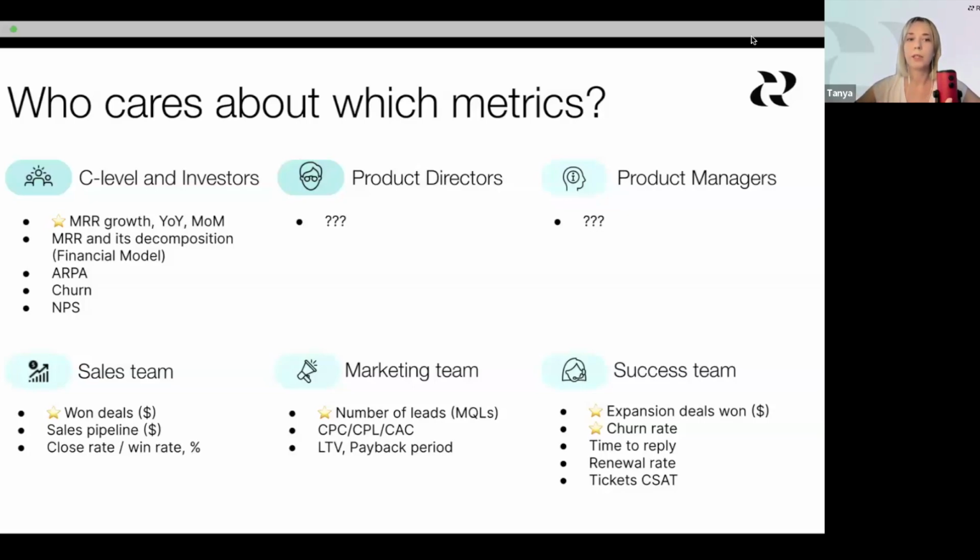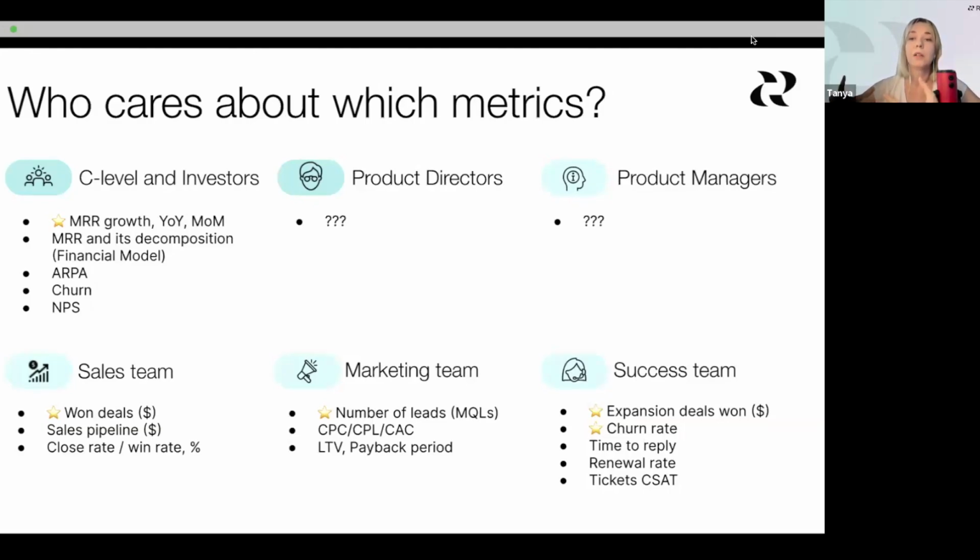Then we have, for example, a sales team. The sales team usually cares about how many deals they won, what revenue amount they brought in, what revenue amount is in the sales pipeline, and what the close rate and win rate are for the deals they're working on. The marketing team cares about the number of leads they attract to the website or to the product. They care about the customer acquisition cost for these leads, like CPC and CPL costs, the payback period, and LTV.